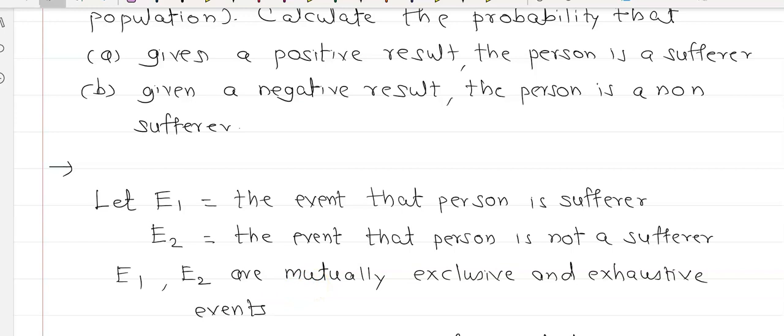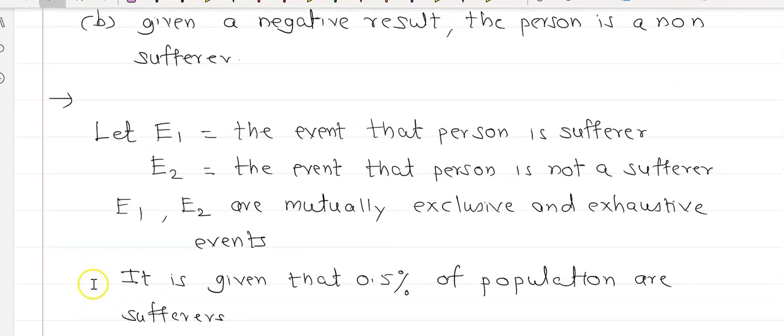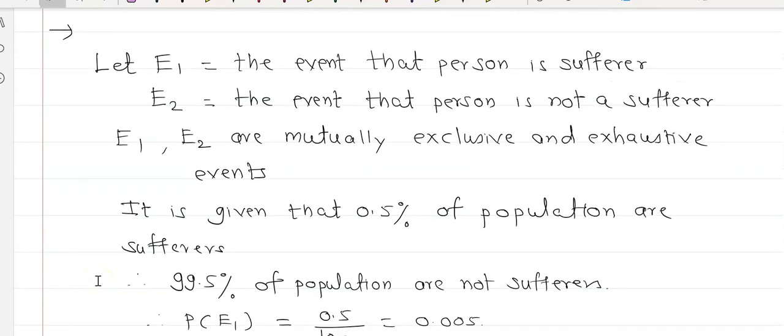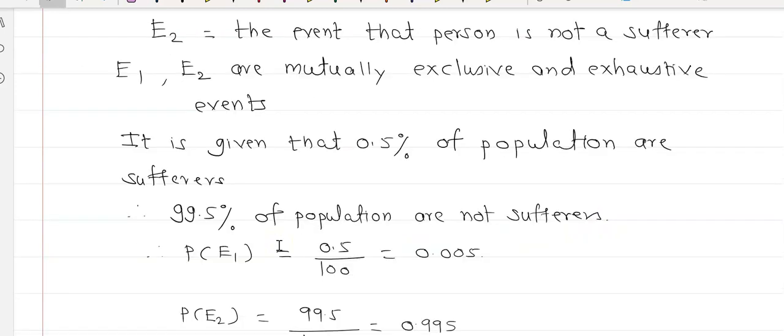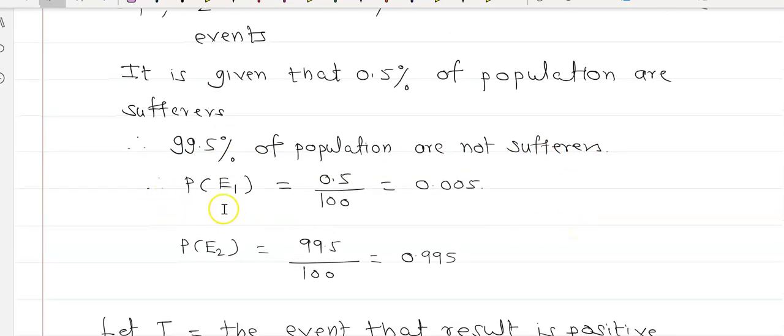Therefore, it is given that 0.5% of the population are sufferers and 99.5% of the population are non-sufferers. That is, the probability of E1 is 0.5 upon 100, that is 0.005. The probability of E2 is 99.5 upon 100, the non-sufferers, which is 0.995.